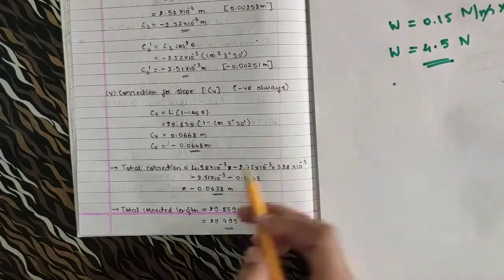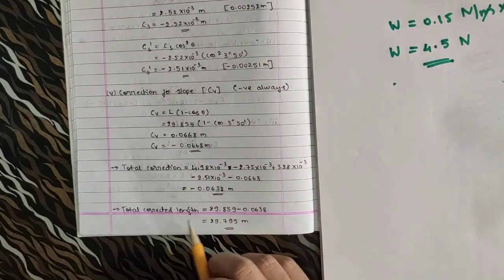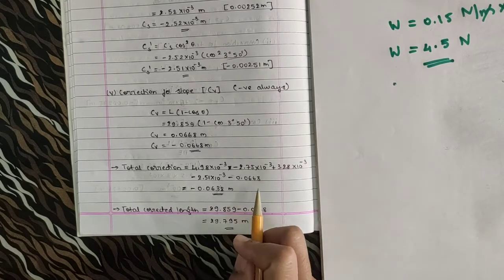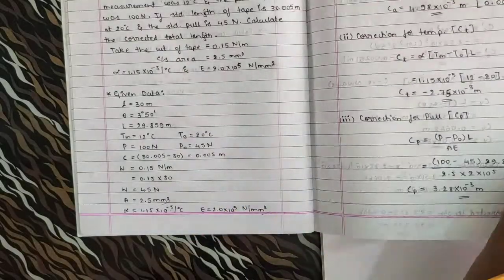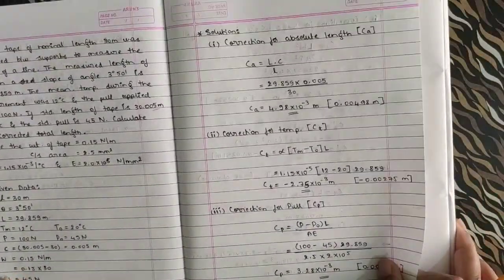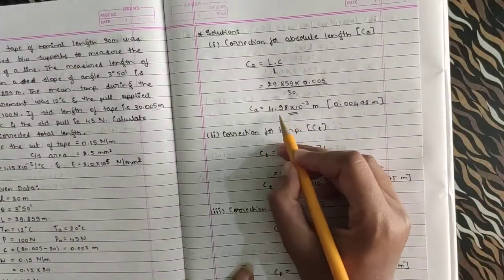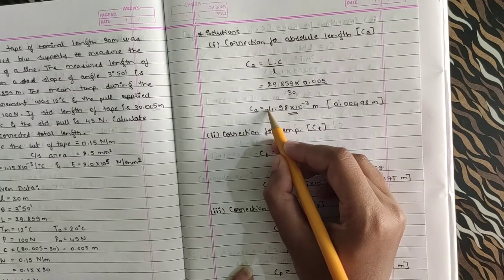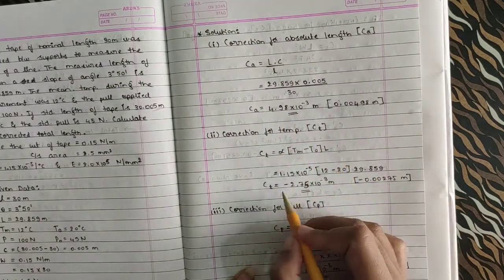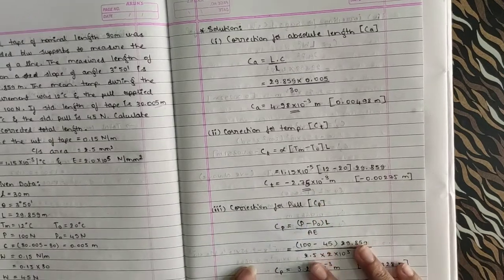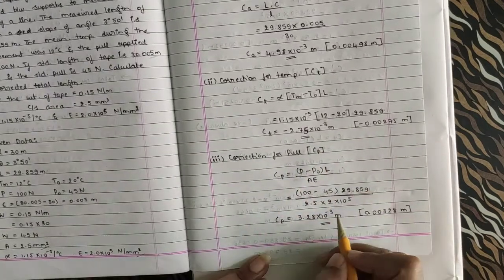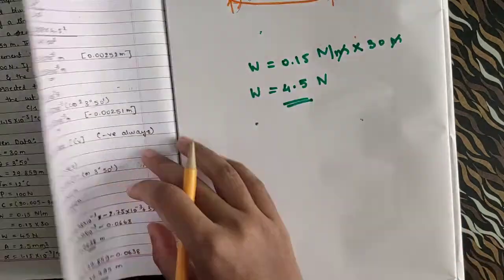Now it's time to calculate the total correction. So how to calculate the total correction? You just have to do the summation of all the types of corrections which you have calculated. The correction for absolute length is positive, so we will keep it as positive. Then the correction for temperature, the resultant is negative, so you will keep it as negative. The correction for pull is positive, so you will keep it as positive.